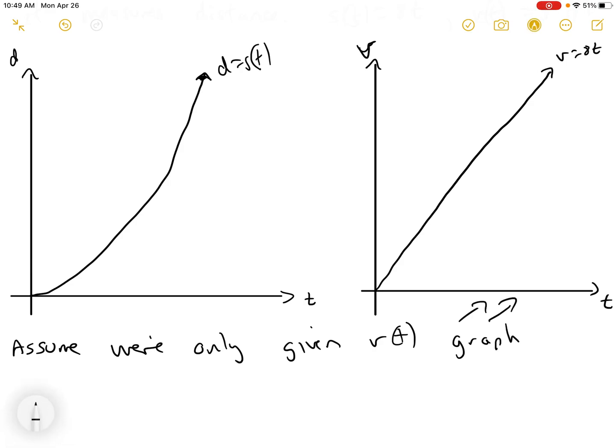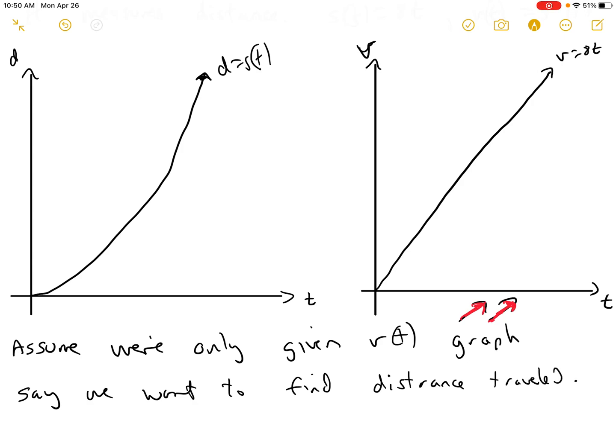Let's say we're only given that the velocity of this thing, whatever it is moving, is 8t. And from this, let's say we want to find distance traveled.